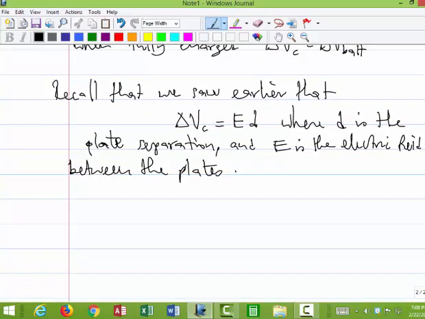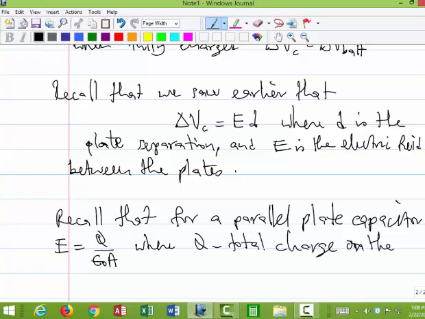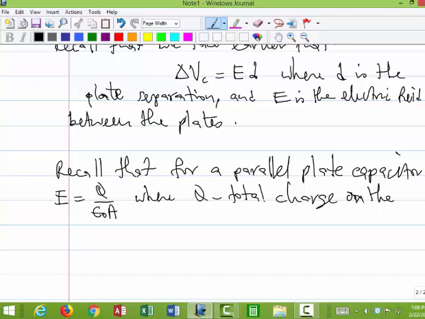Remember that for a parallel plate capacitor, E is equal to the charge divided by epsilon naught A, where Q is the total charge on the capacitor. This refers to just the charge on one plate, presuming that the two plates are equal.